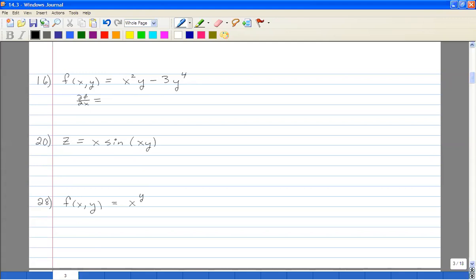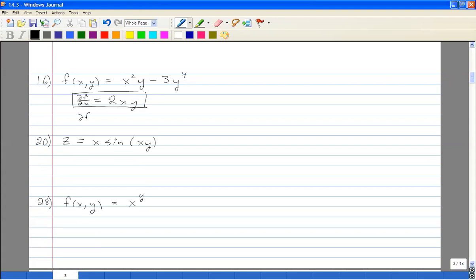So the derivative of x squared is 2x times the constant y. The derivative of the constant, negative 3y to the fourth, is 0. So that's my first partial with respect to x.